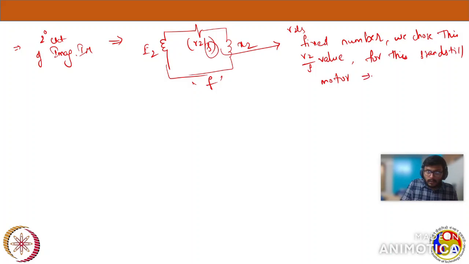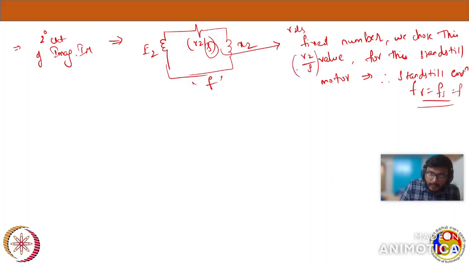Therefore my standstill condition is Fr equals Fs equals F. So my R2 by S value is a fixed number which I have calculated using the slip of my actual motor.